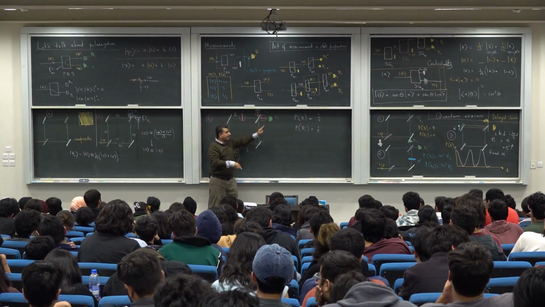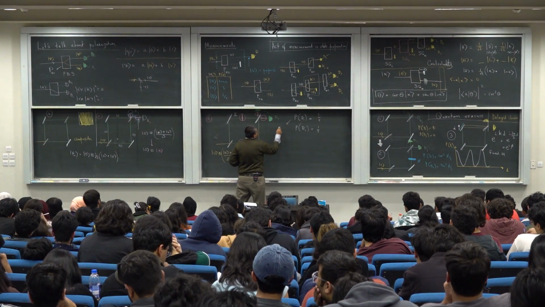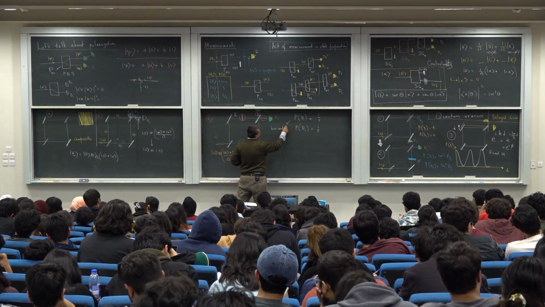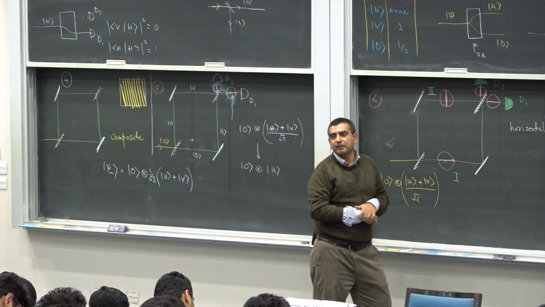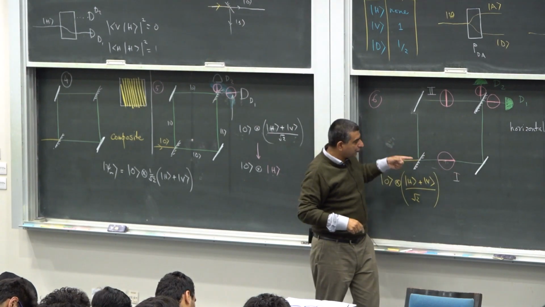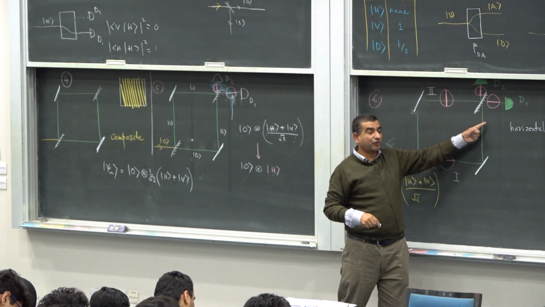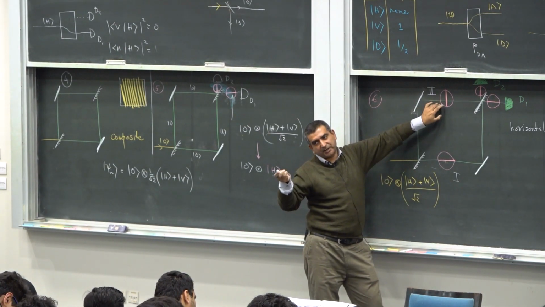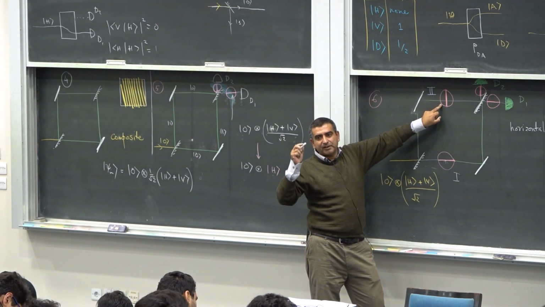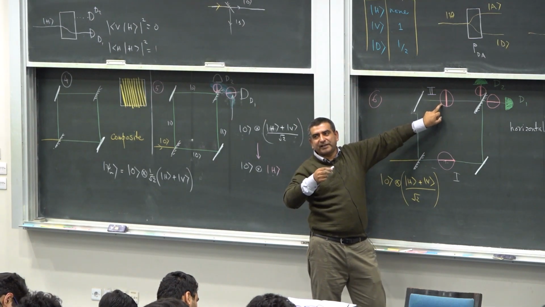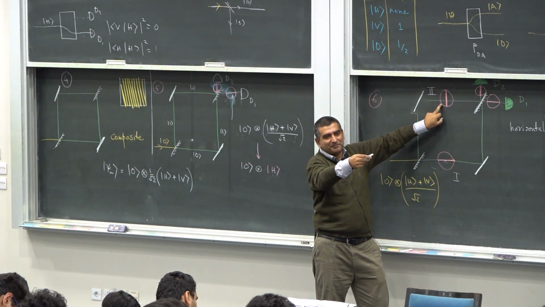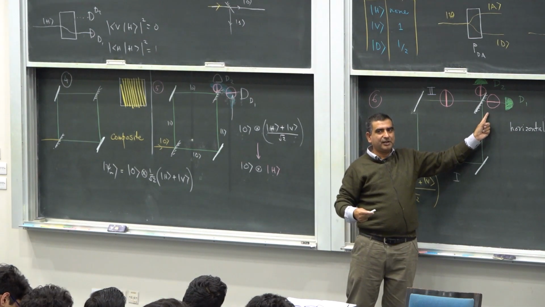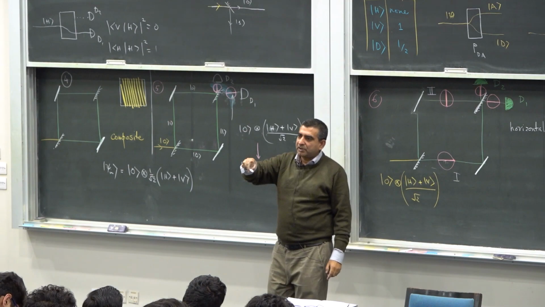If detector D1 clicks, the photon must be horizontally polarized, and only a horizontally polarized photon can take path 1, because it is blocked inside path 2. This vertically oriented polarizer does not let a horizontally polarized photon pass through. So it must have come through this path, and now we have information about the path.